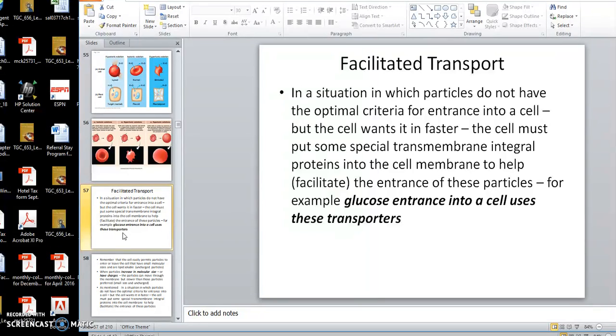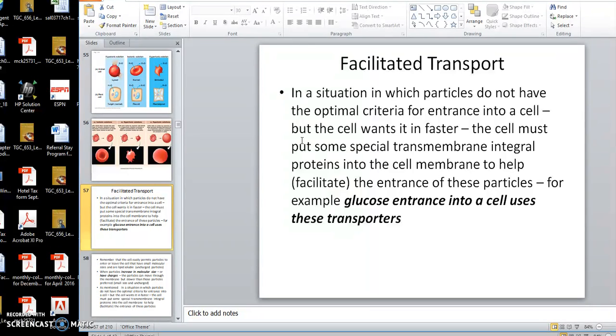Facilitated transport is a situation in which you have to have a transmembrane protein, though the particles still are moving down their gradient through their own energy. But the problem is that they don't have the best criteria. That means they generally would be water soluble and of moderate size.